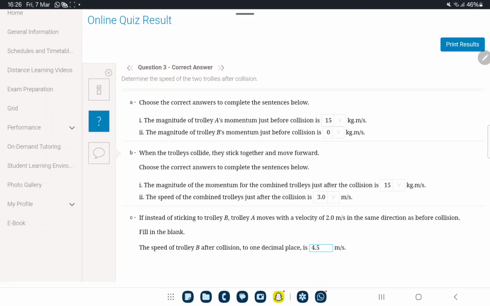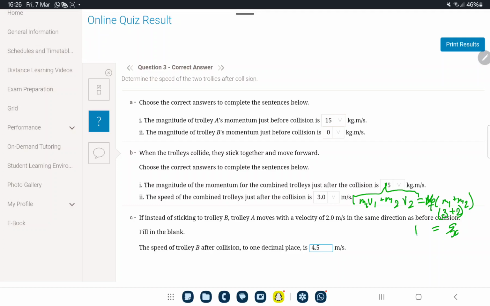Then they're asking for the combined speed of the trolleys, so they stick together. m1 v1 plus m2 v2 is equal to v final times m1 plus m2. m1 of cart A is 3 and cart B is 2, so 5. vf we're gonna say x, and m1 v1 plus m2 v2 is the total momentum before.